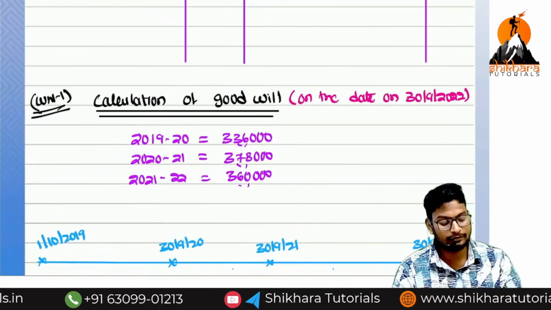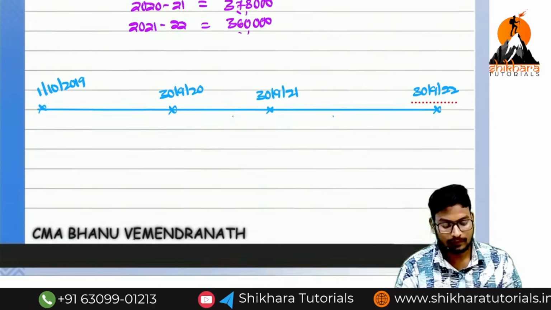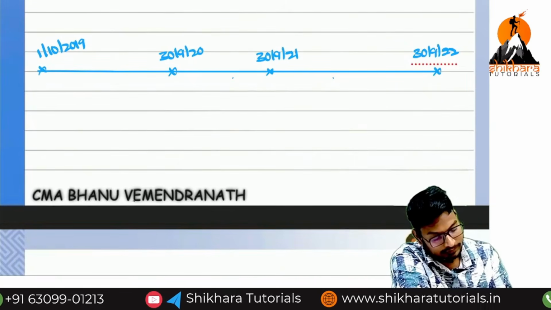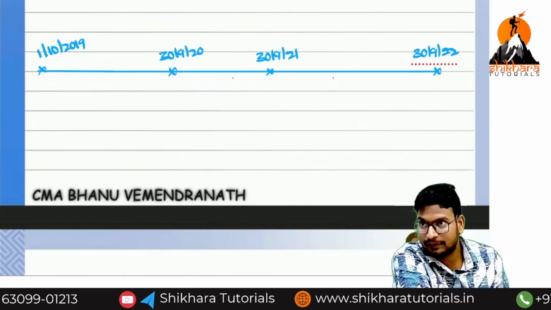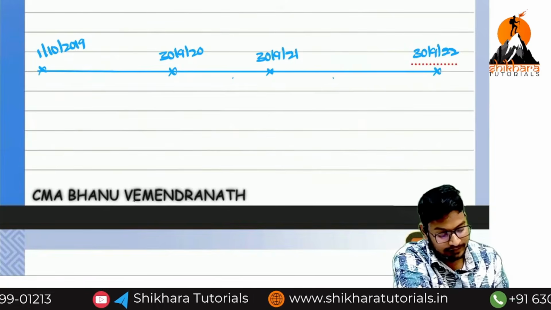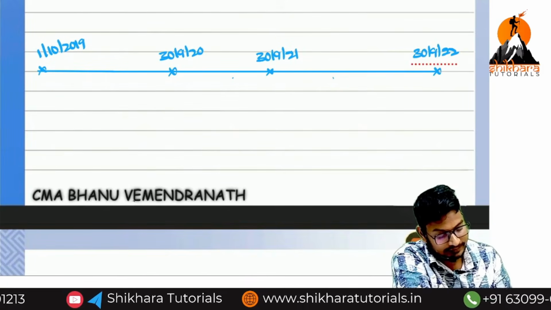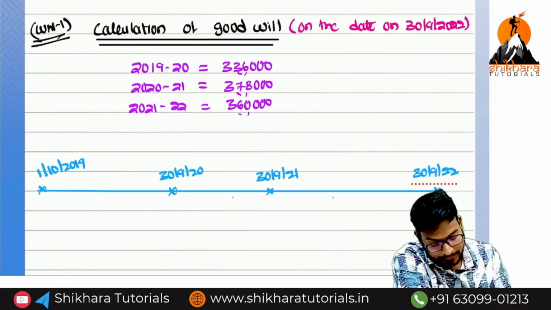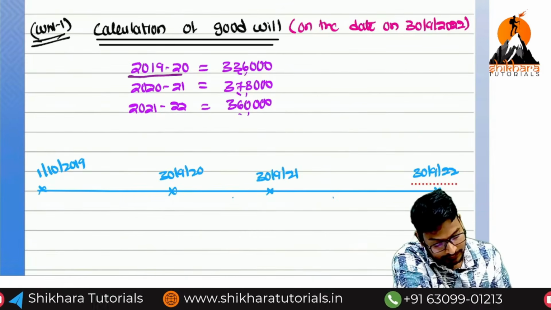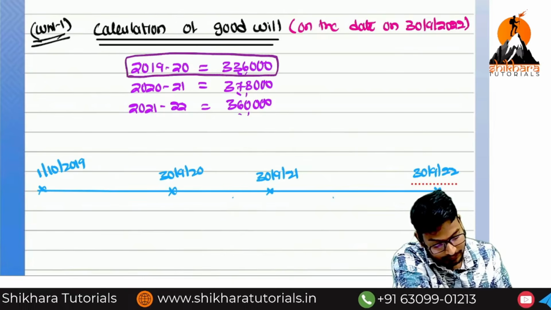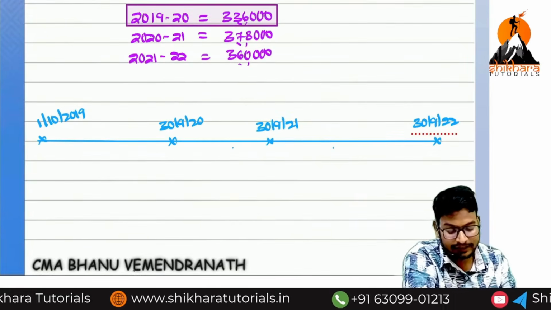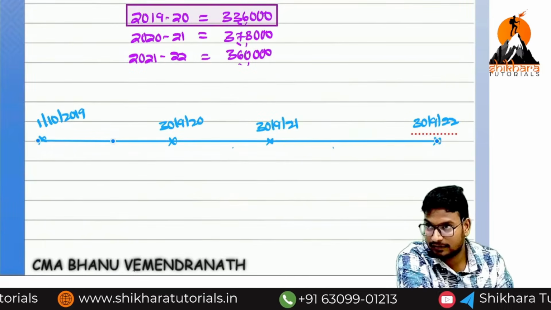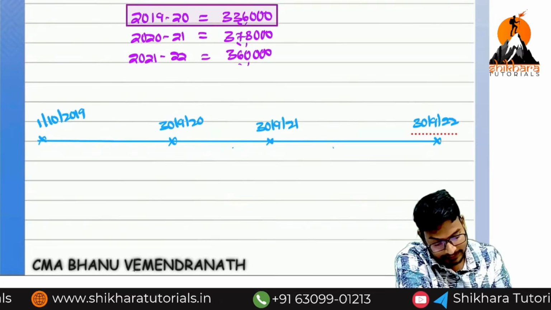We are going to restructure the timeline into our accumulated timeline. What is the starting point here? 2019-20 means 1st April 2019, which is before this date.